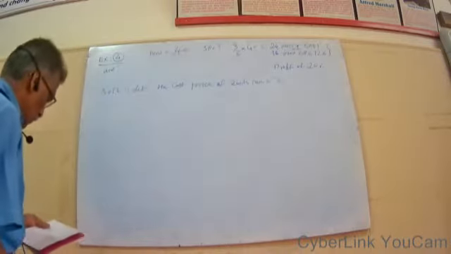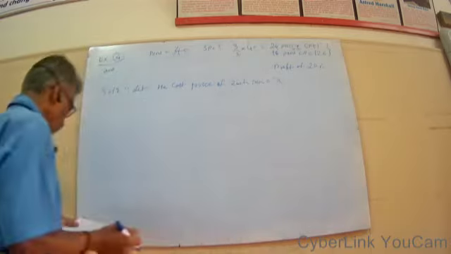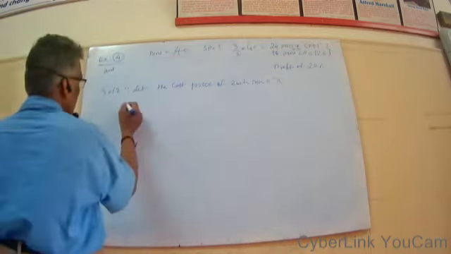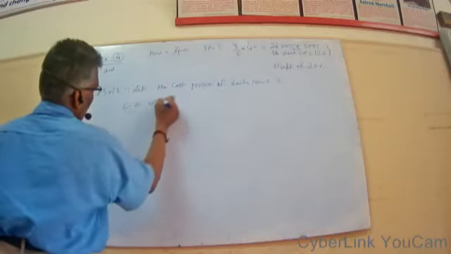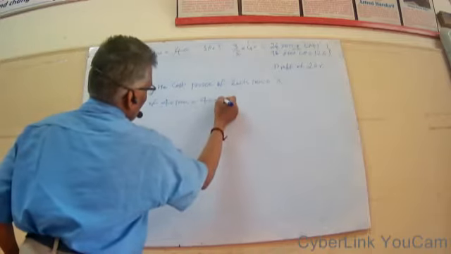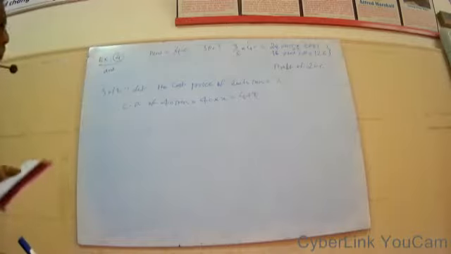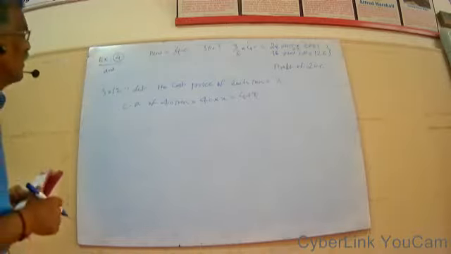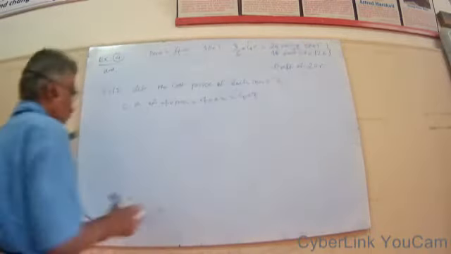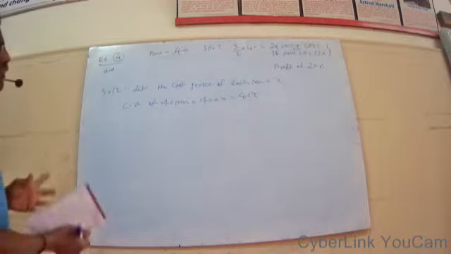Then the 40 pens, the cost price of 40 pens equal to 40 into x equal to 40x. This is actually the cost price. But 3/5 means 24 pens were sold charging 1 rupee more.